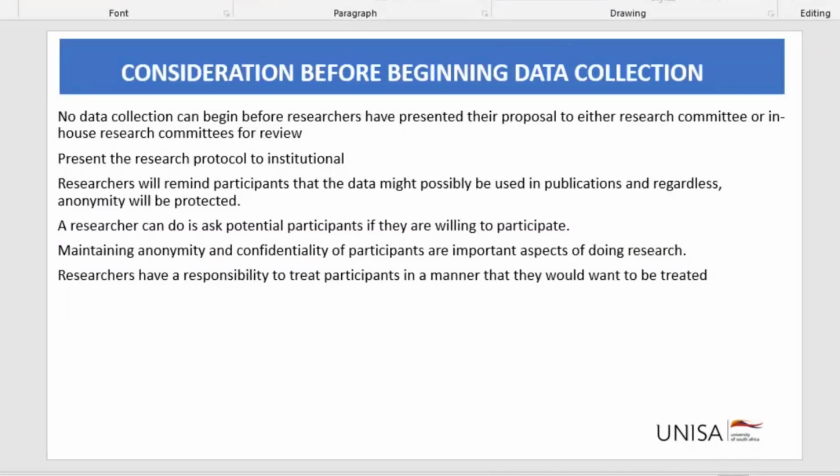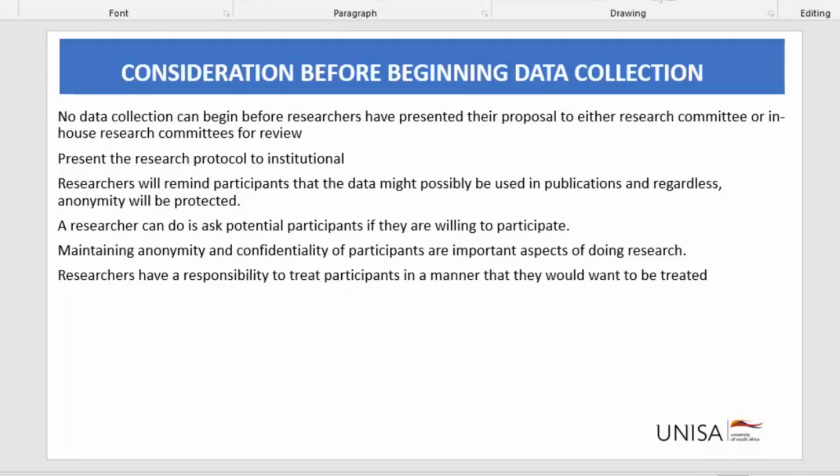Now, there is no collection of data that can begin before you have presented your proposal to either a research committee or some kind of in-house structure that you work with. So, for example, as a student, if you are going to collect data, you may have to present your proposal before your supervisor or the ethics committee or a research structure.